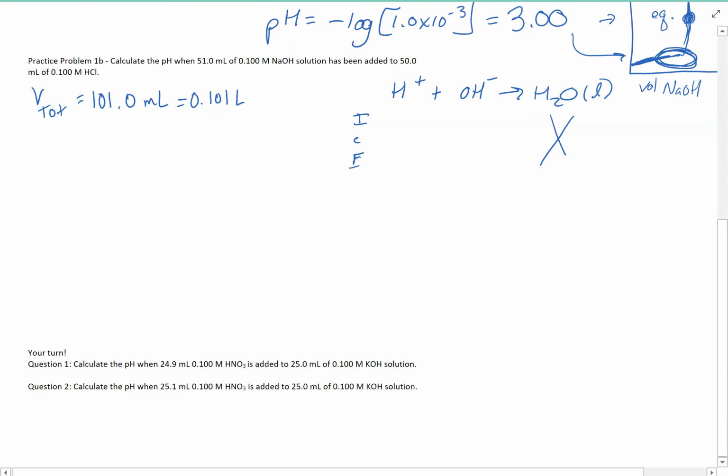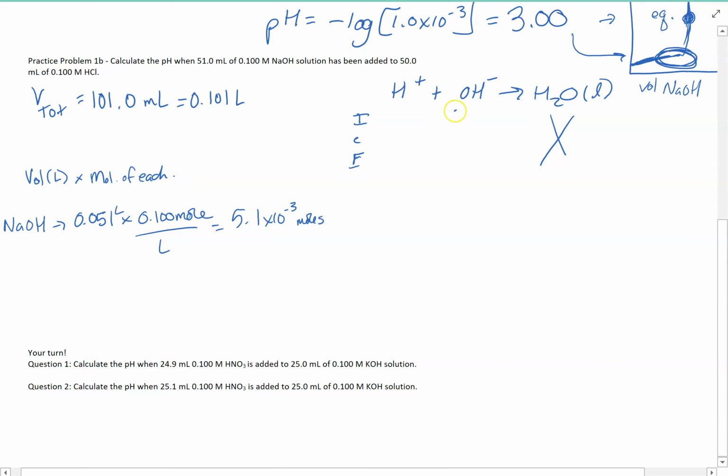We're going to take the volume in liters multiplied by the molarity of the solution. So for NaOH, this means this, and this is a number of moles, which I'm going to put in my table right away.